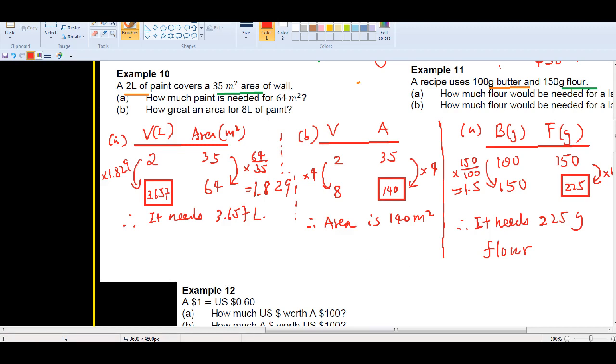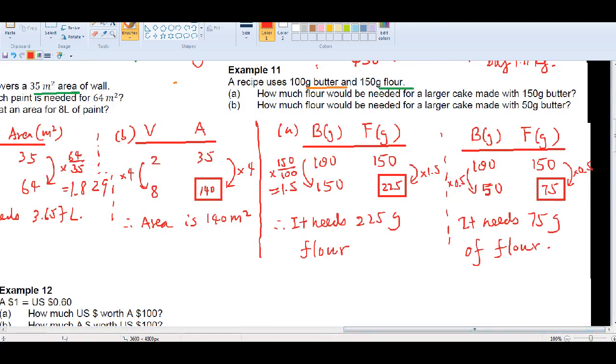Question 11 is about ratio for direct proportion. So got butter mixed with flour. 100 gram of butter becomes 150 gram of flour. If you want to make a larger cake, then you need more butter, but you need more flour as well, right?